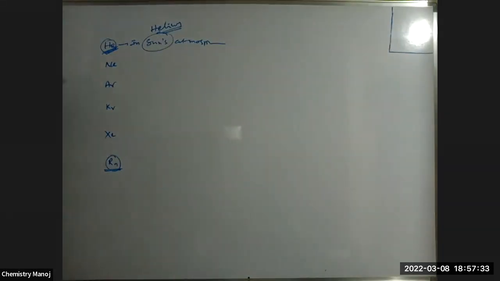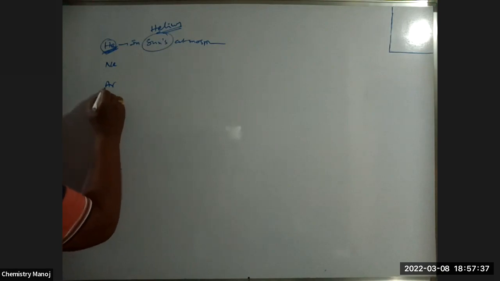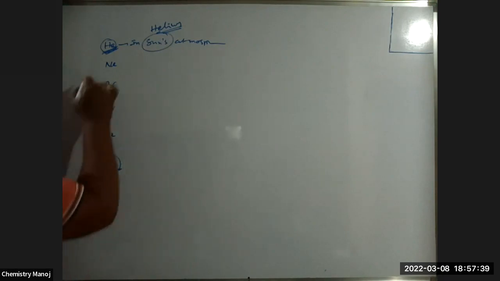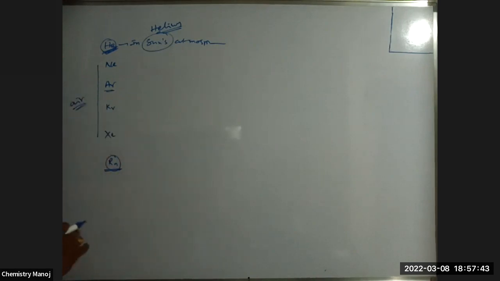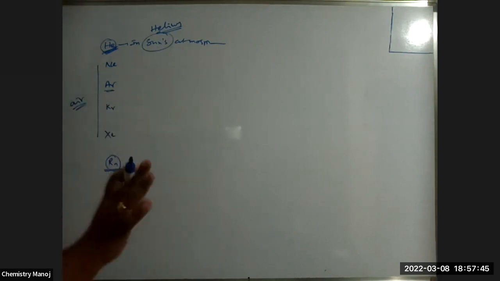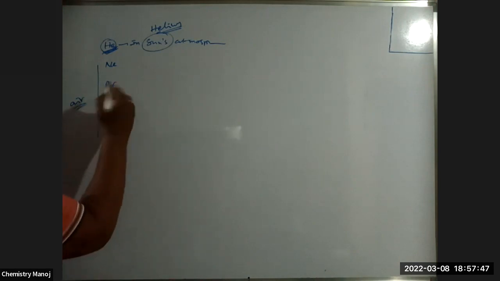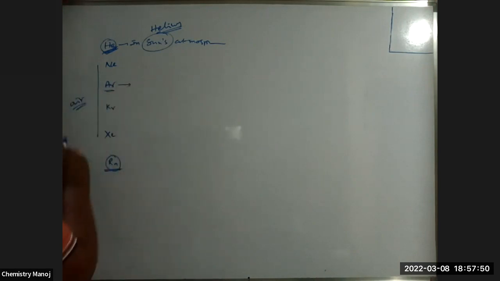Next, the remaining gases. These are all from air. Air contains these gases, and later helium was also found in air, no problem at all. The second noble gas element identified is argon.